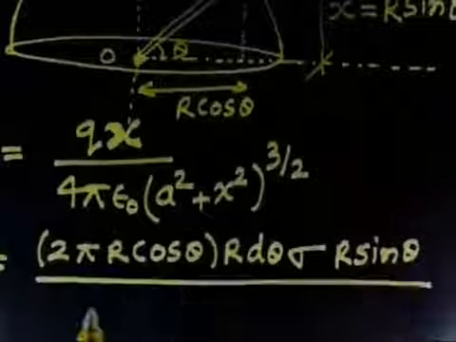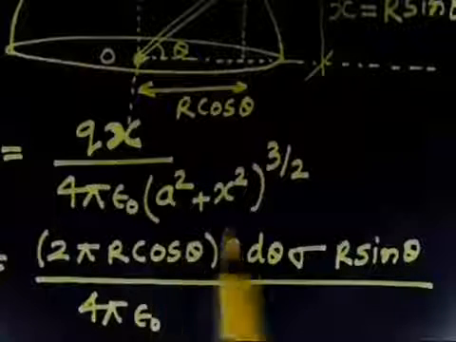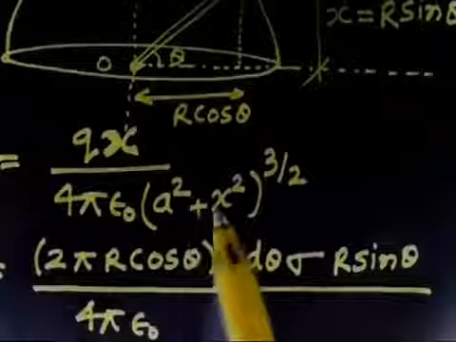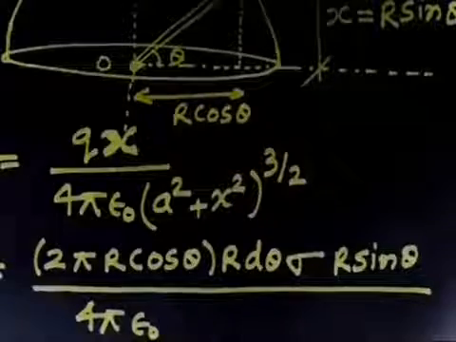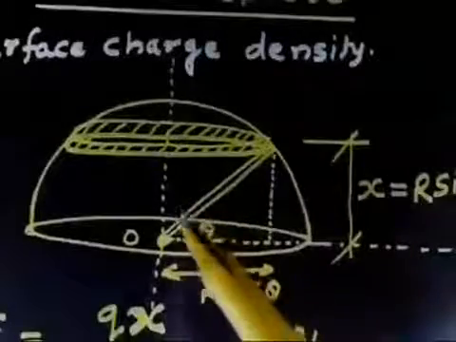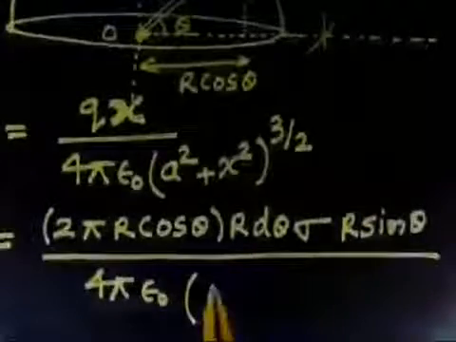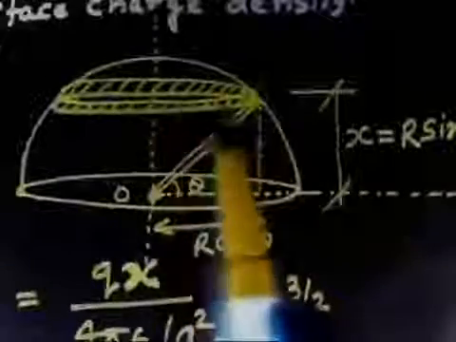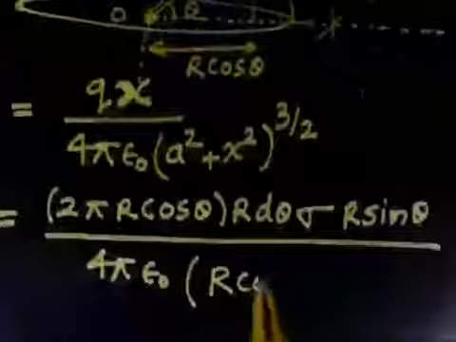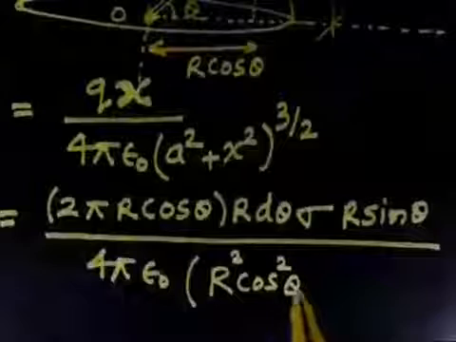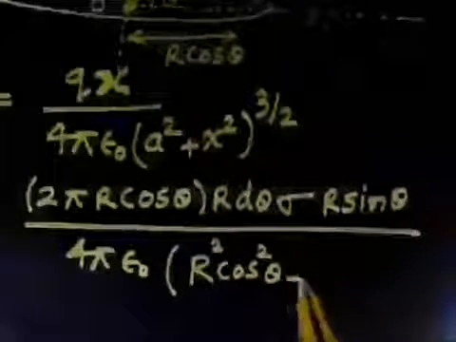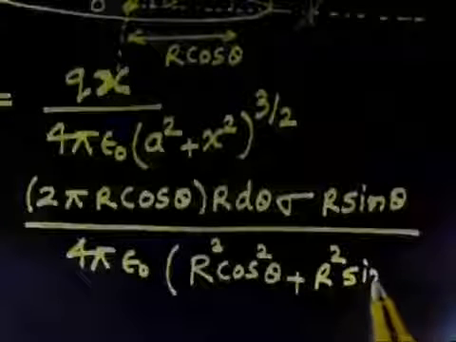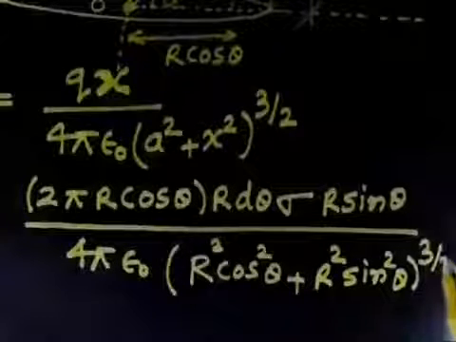And this is divided by 4 pi epsilon naught times (a square plus x square) raised to the power 3 by 2, that is the radius squared plus the distance squared. The radius of the ring is r cos theta, so r square cos square theta, and the height x is r sin theta, so r square sin square theta, raised to the power 3 by 2.